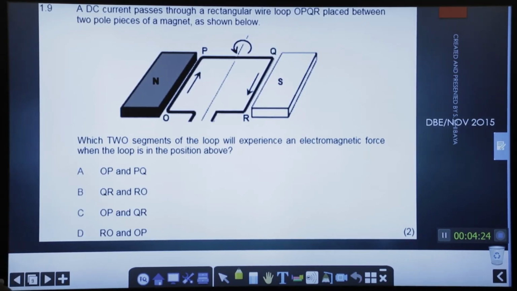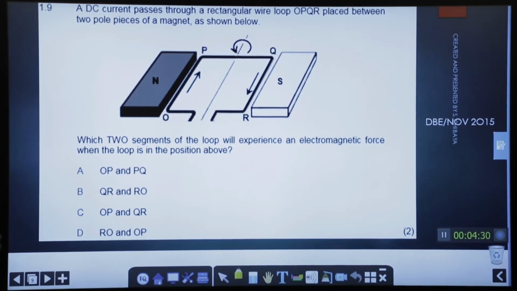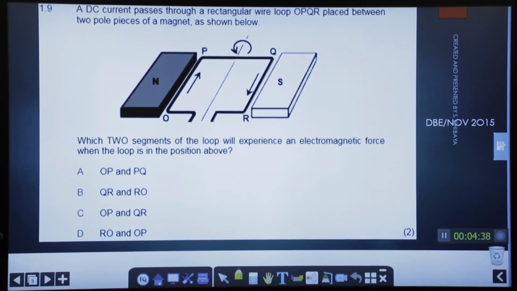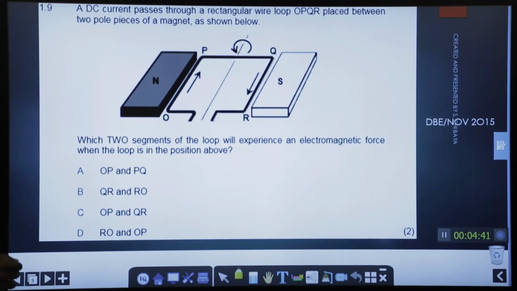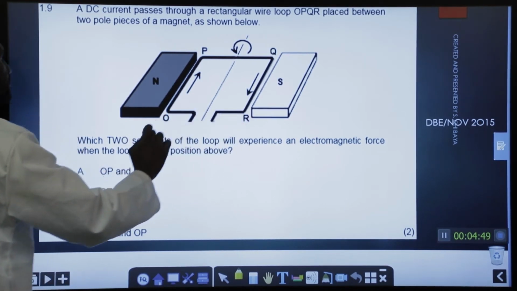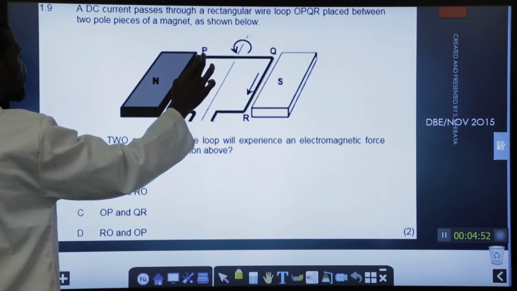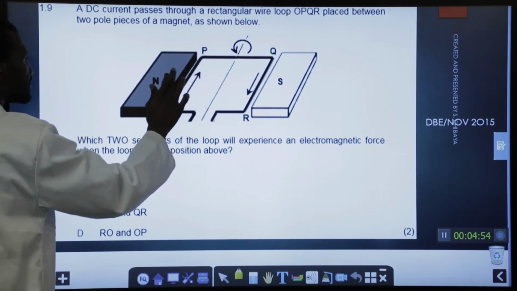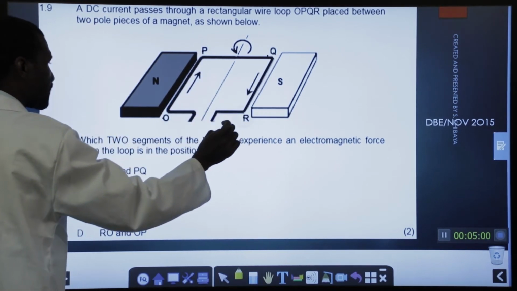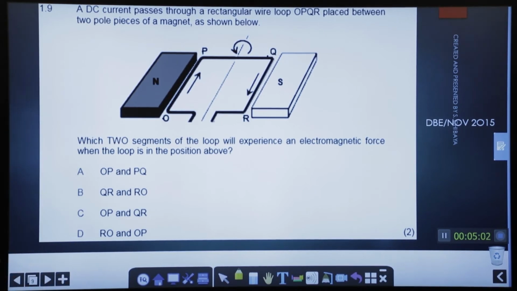A DC current passes through a rectangular wire loop OPQR, placed between two poles, as shown in the diagram. Which two segments of the loop will experience an electromagnetic force when the loop is in the position as it is? Okay, so obviously in that position, the loops that will experience electromagnetic force are right here, P and O, Q and R. Let's see in our answers if we got that.